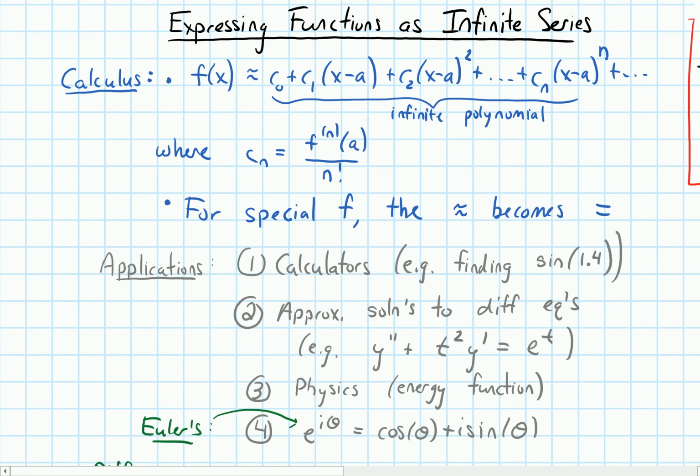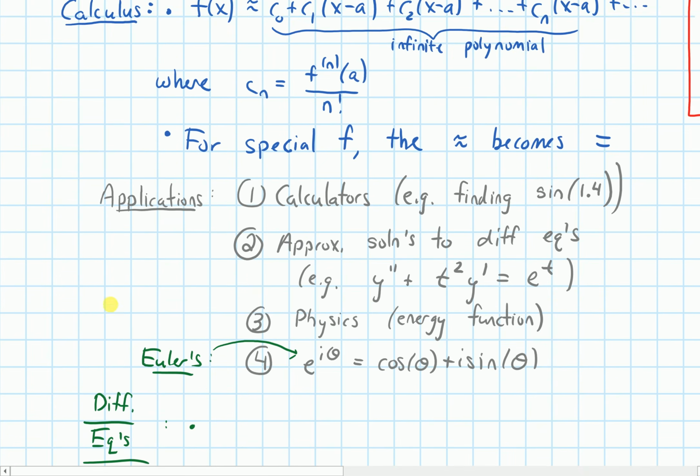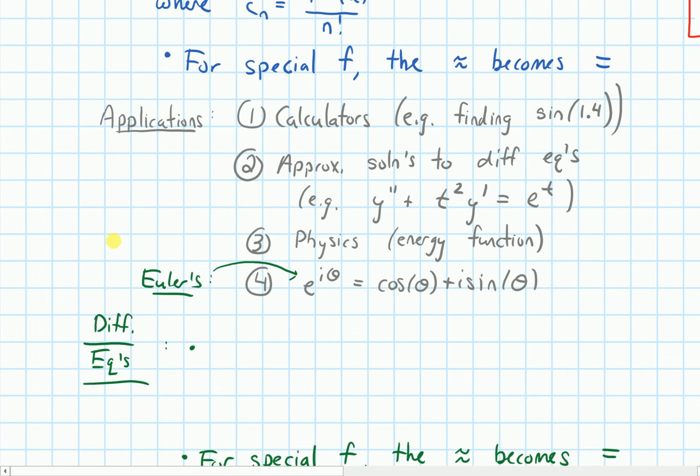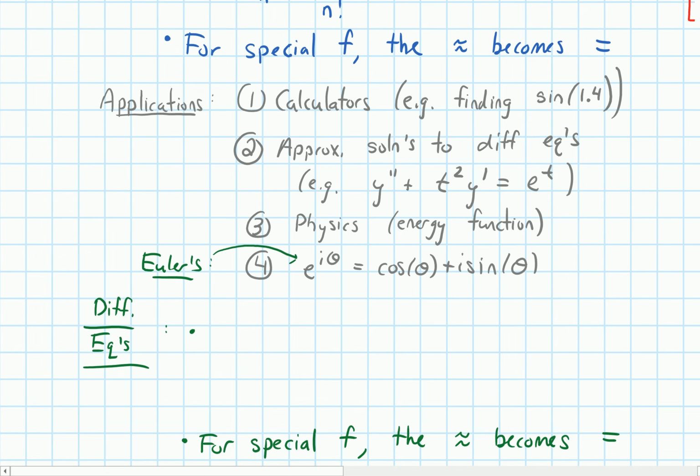Okay, so in differential equations, we're going to express a function as an infinite series in another way. So in differential equations, we are going to have a function, and we are going to try to approximate it in the following form. So we'll have a constant term in the front, which I'll call a naught over 2, and we'll see why later in a future video.